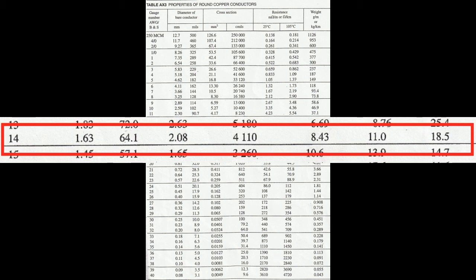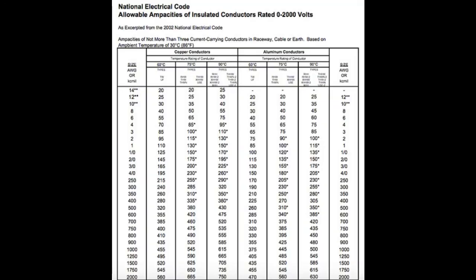Well, on this next table, there's something called ampacity. Again, along the left-hand side, you'll see a bunch of gauges. The rest of that chart shows ampacity based on whether it is copper or aluminum, and also the type of insulation. So what is ampacity?